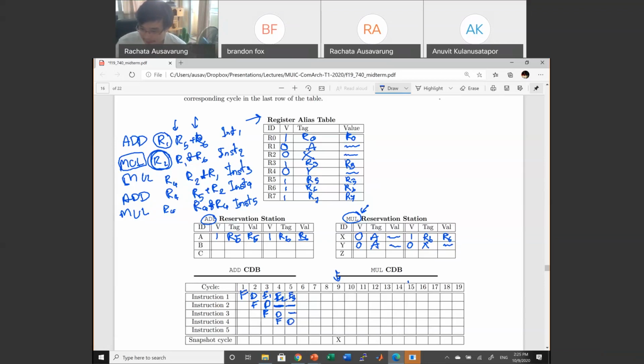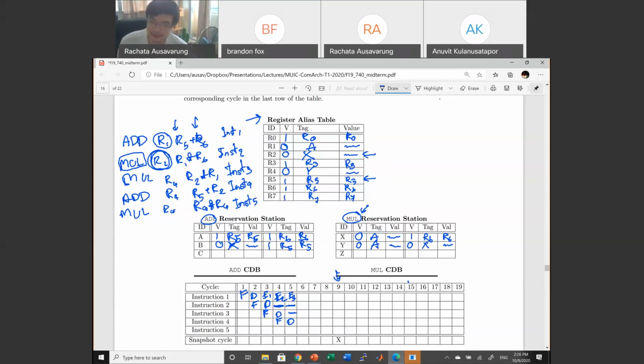So you're going to look into R2 and R5. Not valid for R2, it is X. You don't know the value. It's valid for R5. The value is R5.